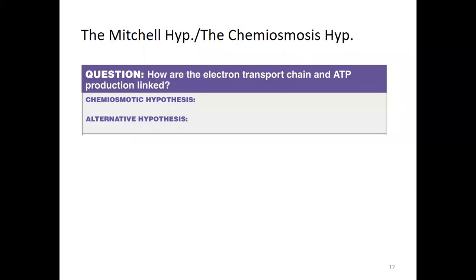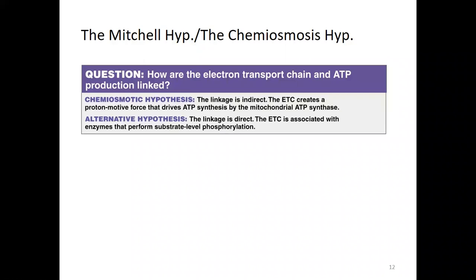Her hypothesis was that the linkage is indirect. The electron transport chain creates a proton motive force that drives ATP synthesis through an ATP synthase. The null, or alternative hypothesis, is that the linkage is direct: by running this electron transport chain, there is an enzyme that directly performs substrate level phosphorylation of ADP to produce ATP.